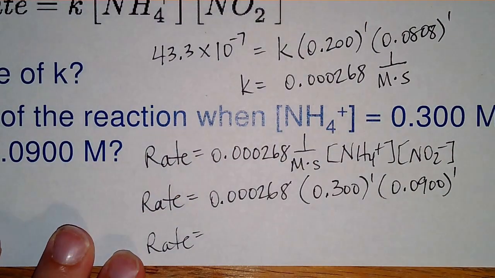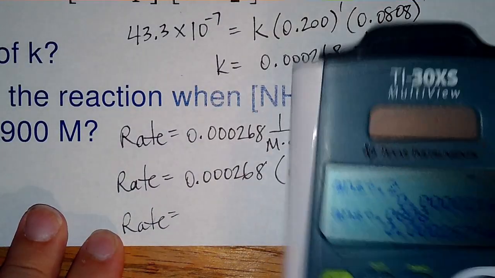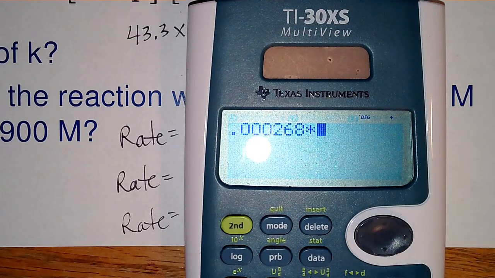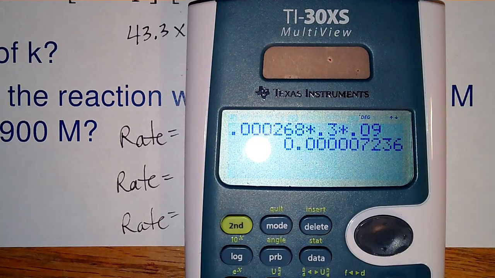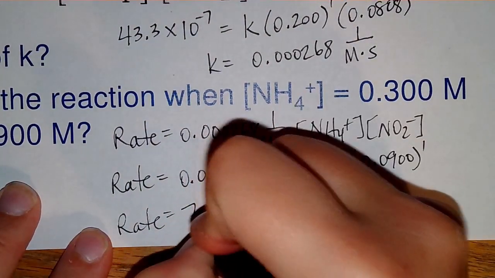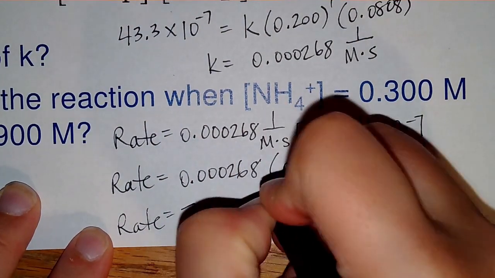So we have 0.000268 times our 0.3 times 0.09. So we have 7.2 times 10 to the minus 6 moles per liter per second.